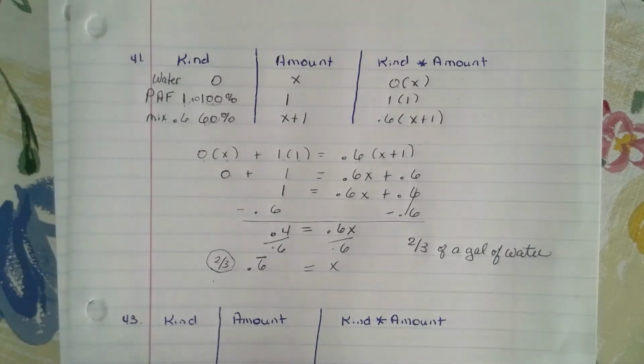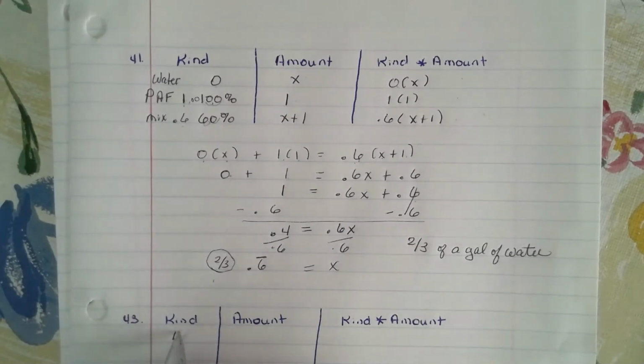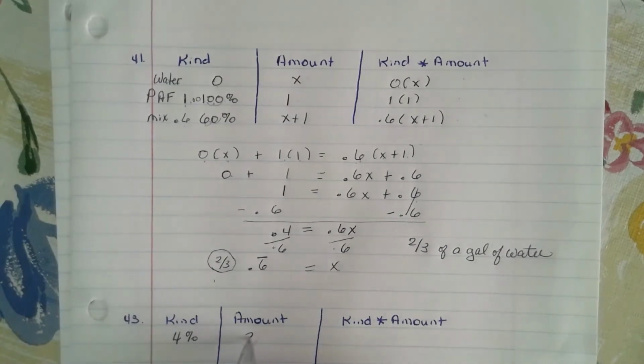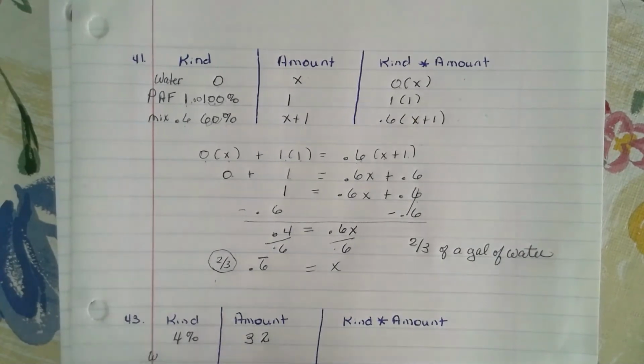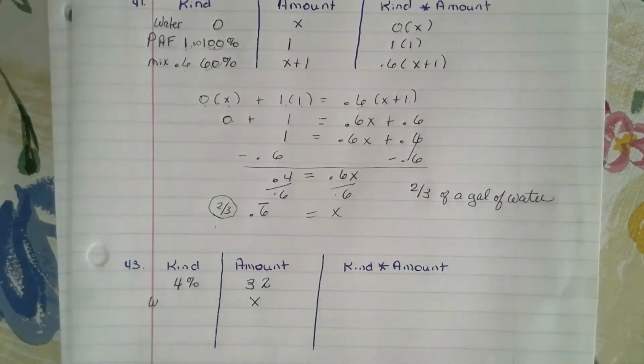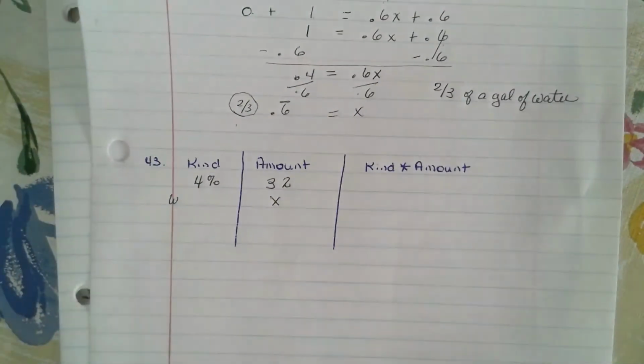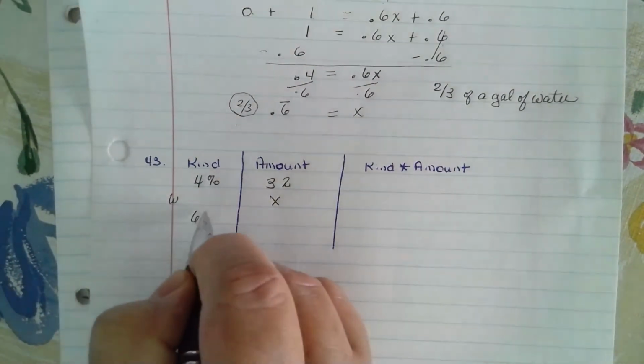So what we have is a solution that's currently 4%, and we have 32 ounces of it. We're going to take out some water. We don't know how much. And when we take out that water, it's going to make the salt solution stronger. So now it's going to be a 6%.